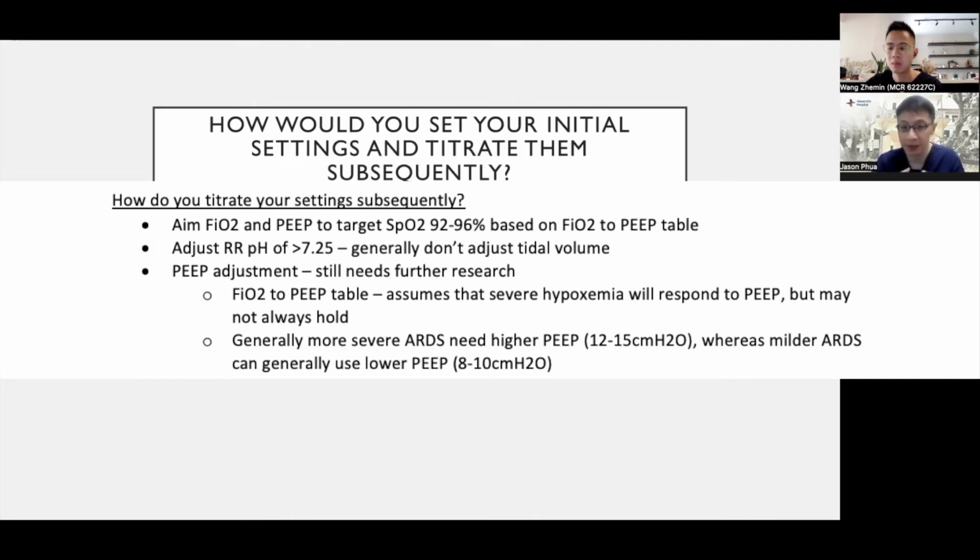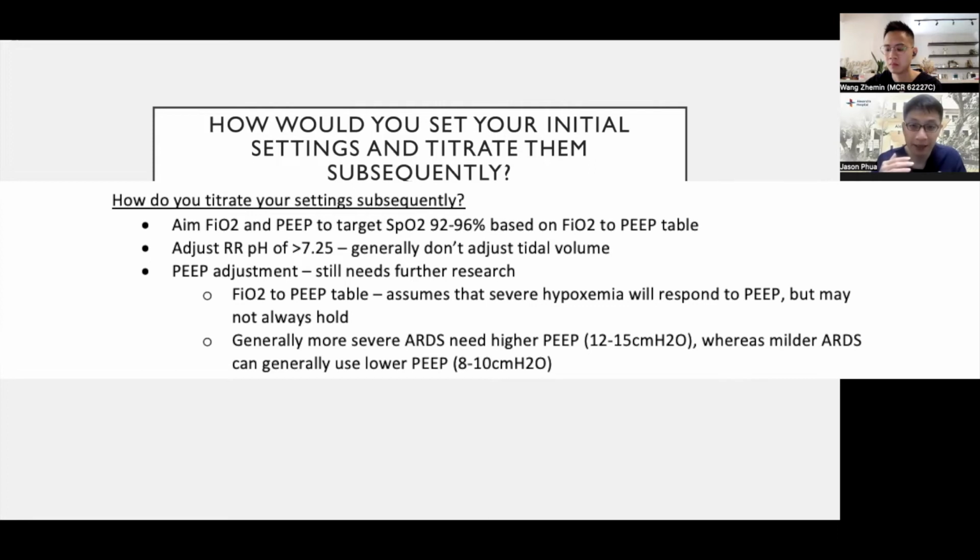That is when I would target a pH of 7.25. If the pH is 7.25 and above, things are cool. We don't need to muck around. But if it is less than 7.25 and the respiratory rate is, say, set at 20, I would then up the respiratory rate to try to target a pH of 7.25.